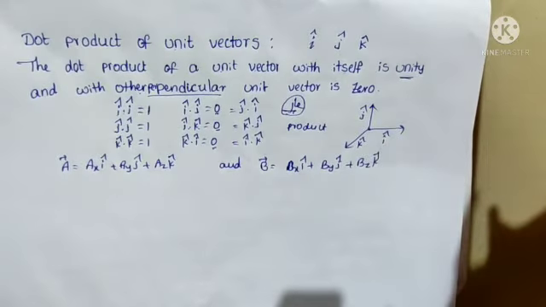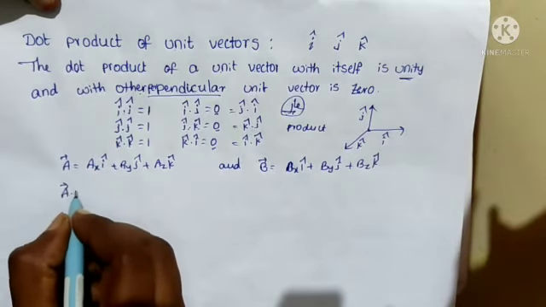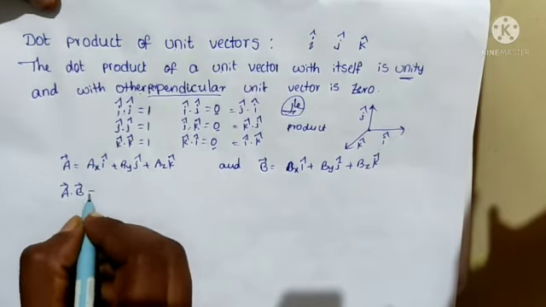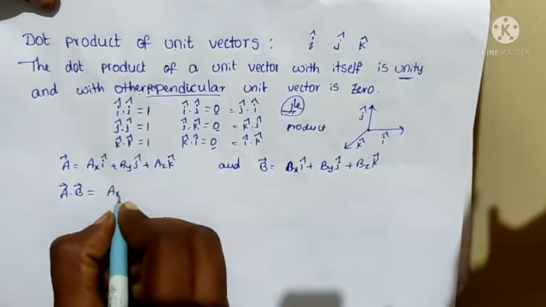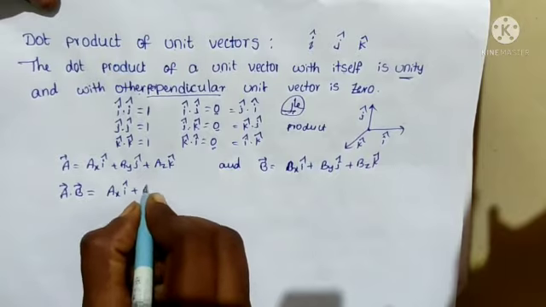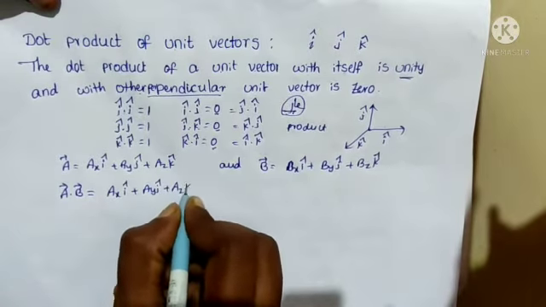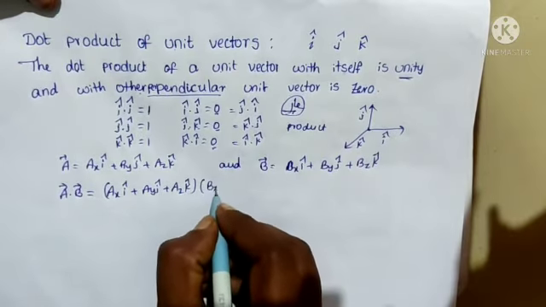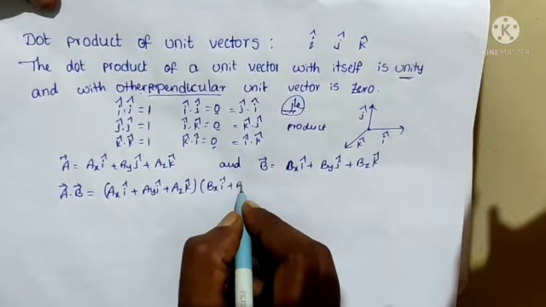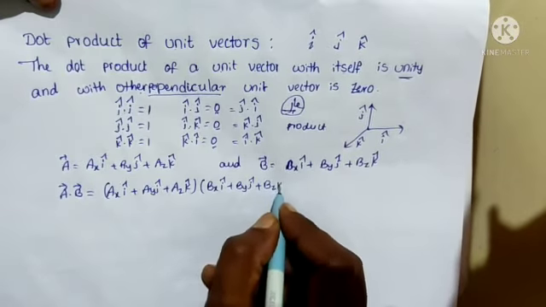Now do the dot product of A and B. So A bar dot B bar. A bar means Ax i cap plus Ay j cap plus Az k cap, into B bar. B bar means Bx i cap plus By j cap plus Bz k cap.